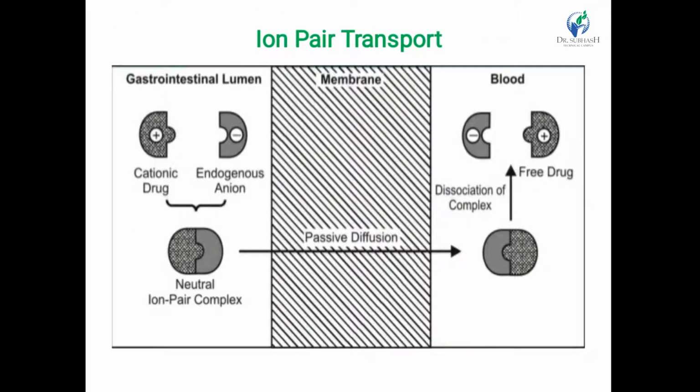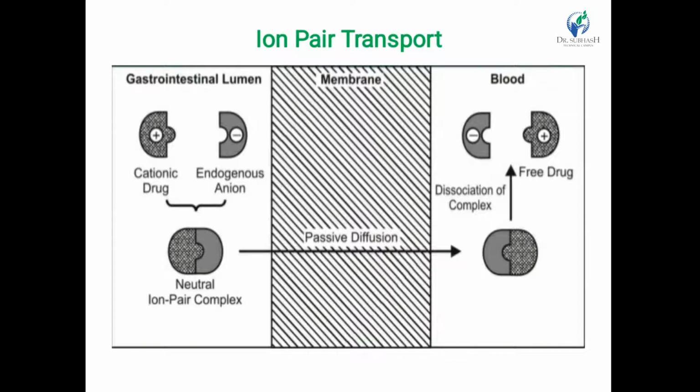Here in this figure, the plus indicates a cationic drug and the minus sign indicates an endogenous ion. This drug is located in the GIT lumen. Both the anion and the cationic drug make a neutral ion pair complex, and this complex can diffuse through the membrane.